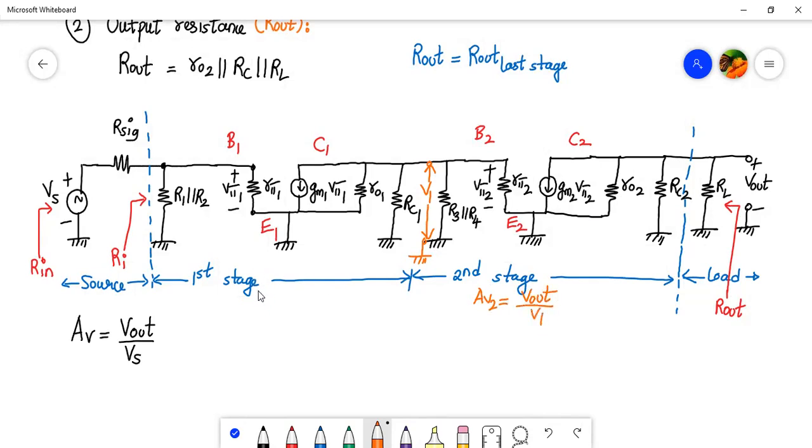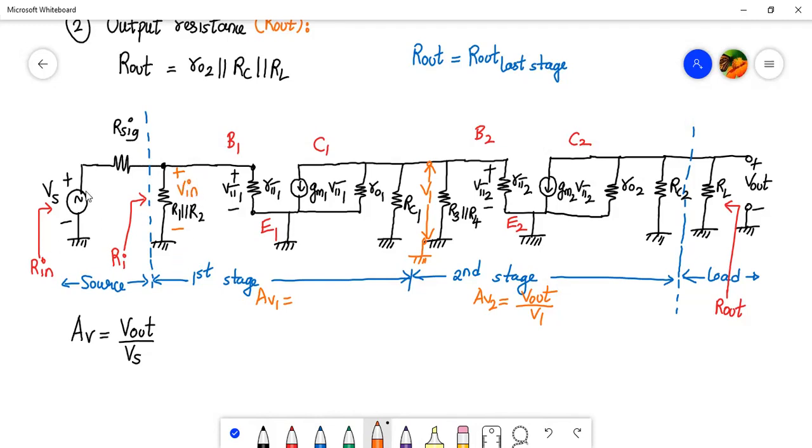What will be the gain of the first stage? So I'll write AV1 is equal to V1, the output of the first stage, divided by Vin. Here I'll mark Vin over here, this plus minus Vin. Let me add R1 parallel to R2 a little down this side. Oh, sorry. This is R1 parallel to R2, and this plus minus, this is Vin, the voltage in parallel, right?